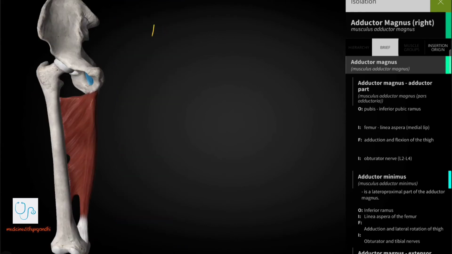Now coming to the nerve supply. Like that of the pectineus muscle, this is also a hybrid muscle supplied by two nerves. That is, this muscle has a double nerve supply.